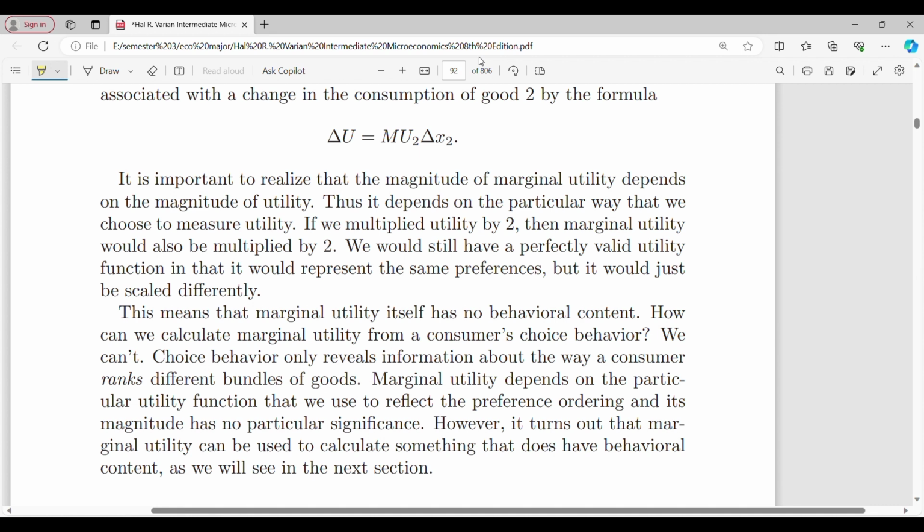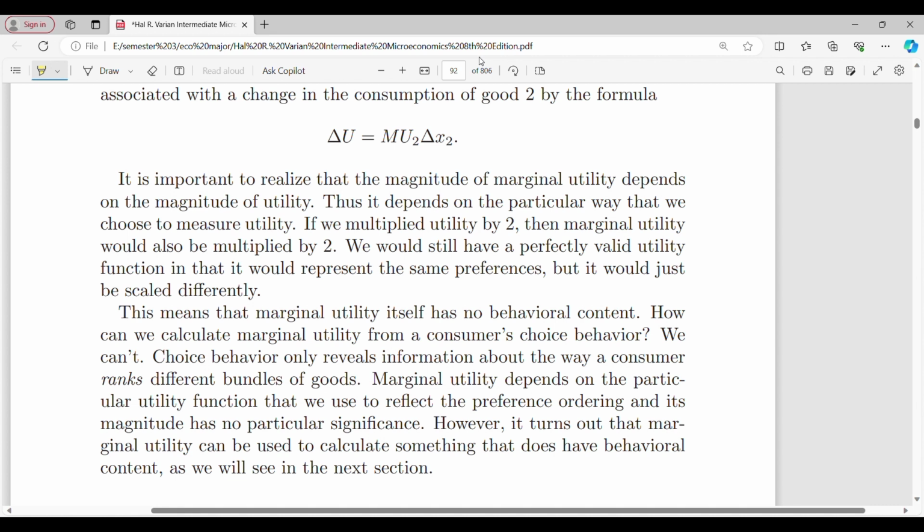We would still have a perfectly valid utility function in that it would represent the same preference, but it would just be scaled differently. Preference will be the same, but just the scaling will be different. Okay. So this means that the marginal utility itself has no behavioral content.